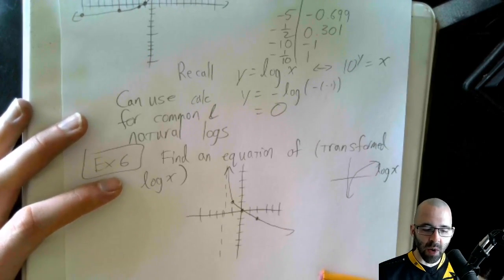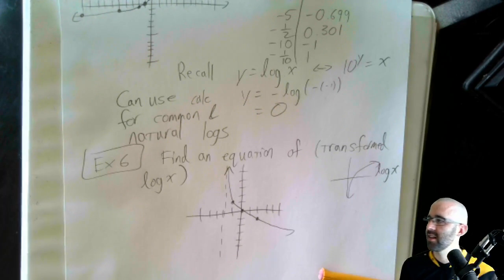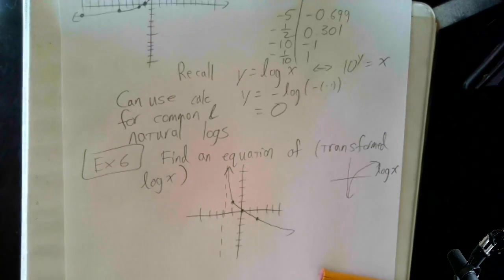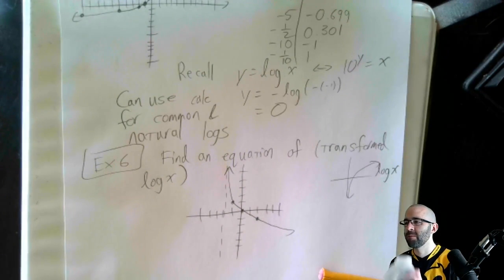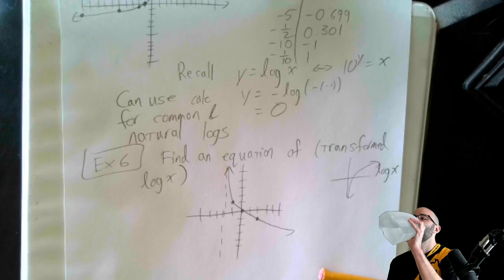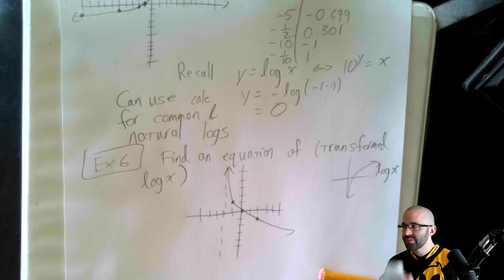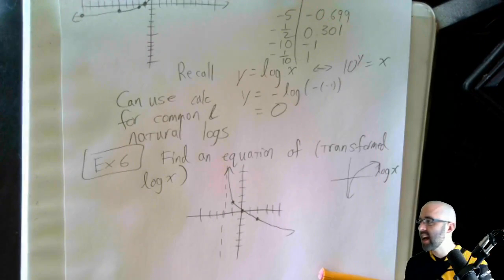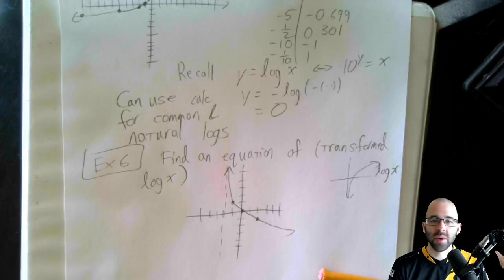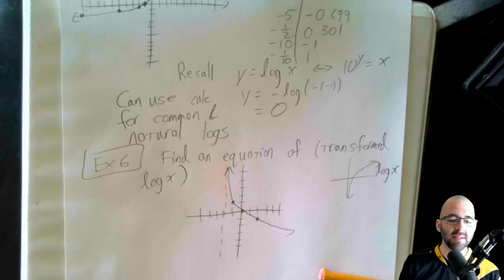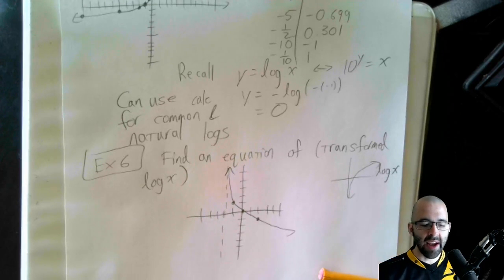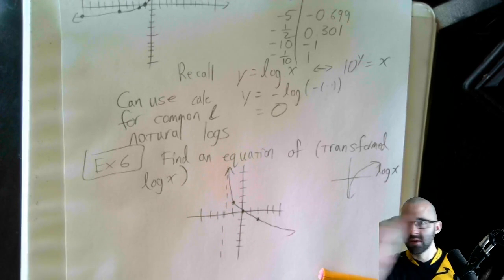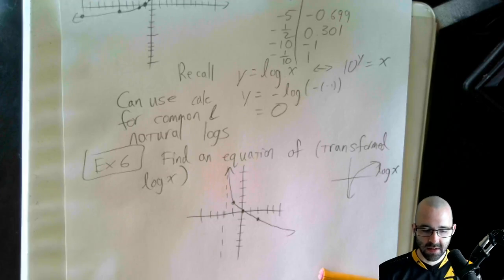So we need to figure out what transformations are being applied here. First off, you should notice that the asymptote is going to a different place. The asymptote is not the y-axis anymore. The asymptote zooms over to the side.